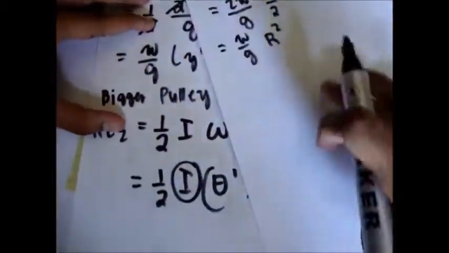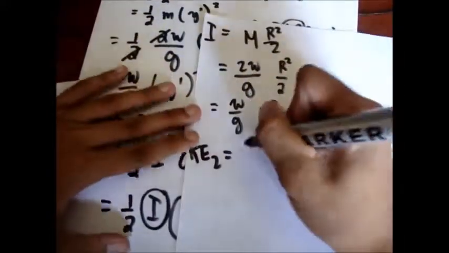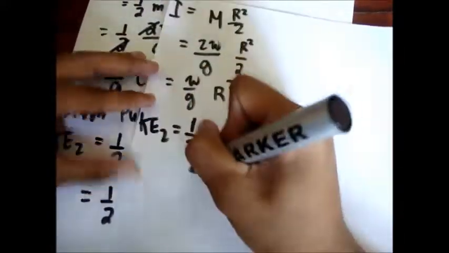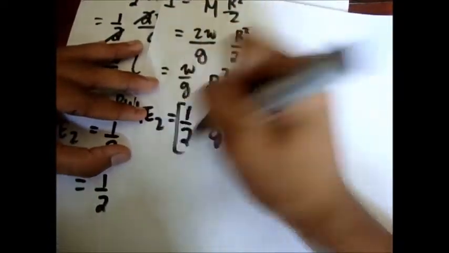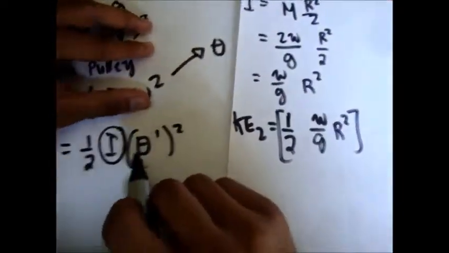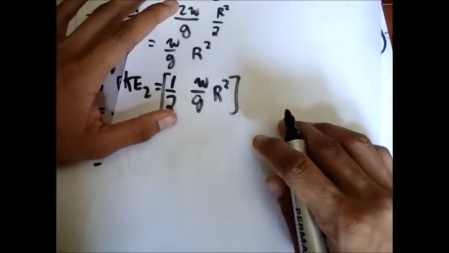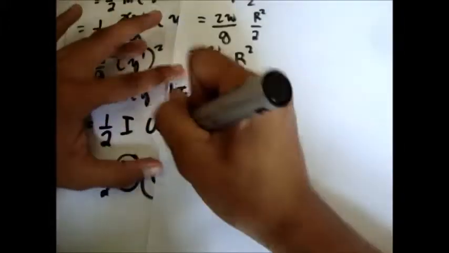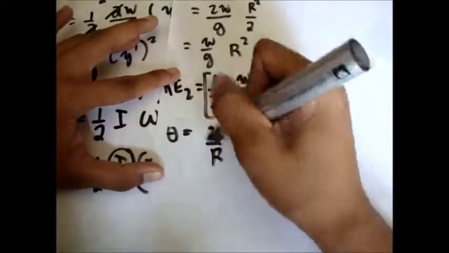We will substitute this value into KE2. KE2 is 1/2 times our I, which is W over g r squared, times theta prime squared. So that we can cancel this r squared, we will assume that theta is equal to y over r.